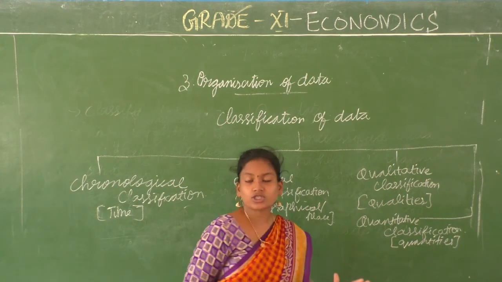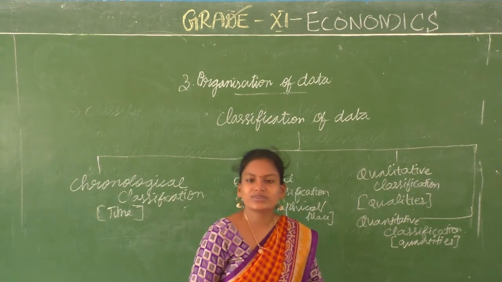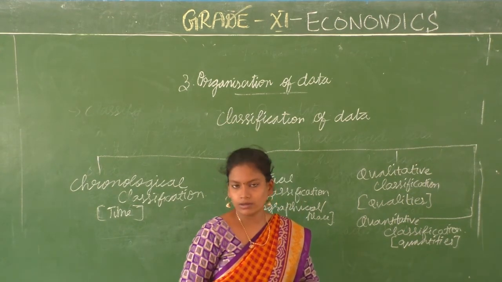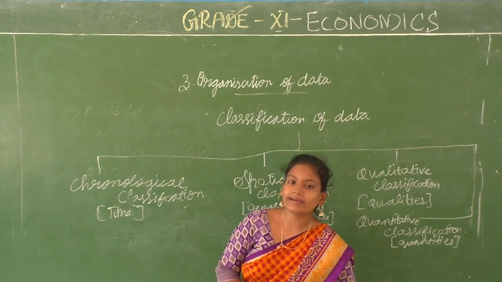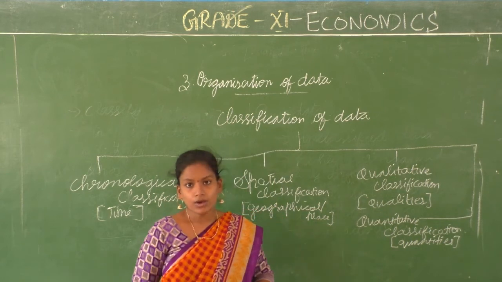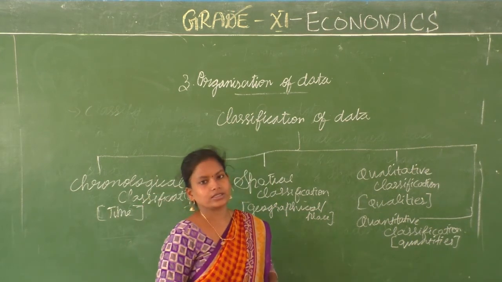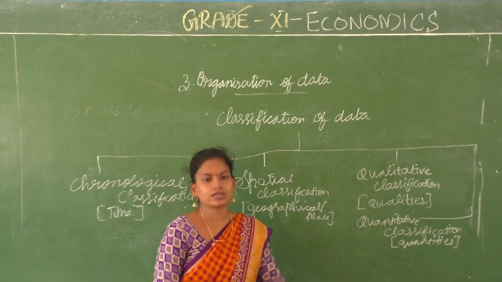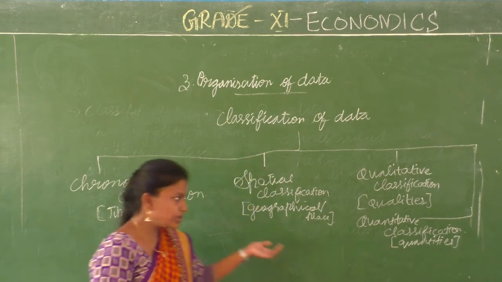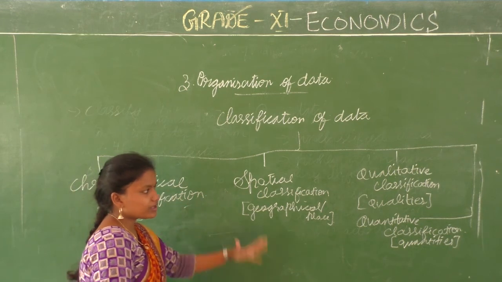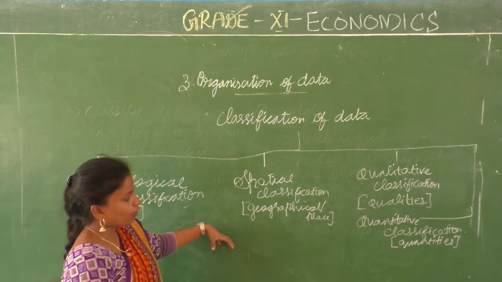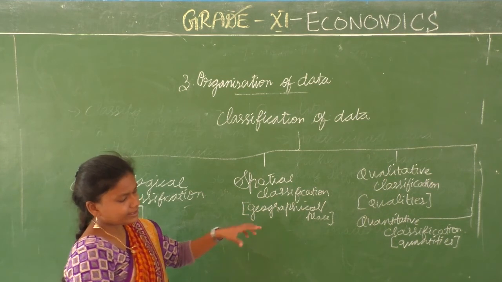Qualitative classification is based on some qualities which cannot be measured. Alright, then quantitative classification: quantities which can be measured, which do not come under the other three categories, will fall under quantitative classification. Basically, first we will try to classify in these two, chronological and spatial. After that, whichever does not fall under this, you will go for qualitative and quantitative.